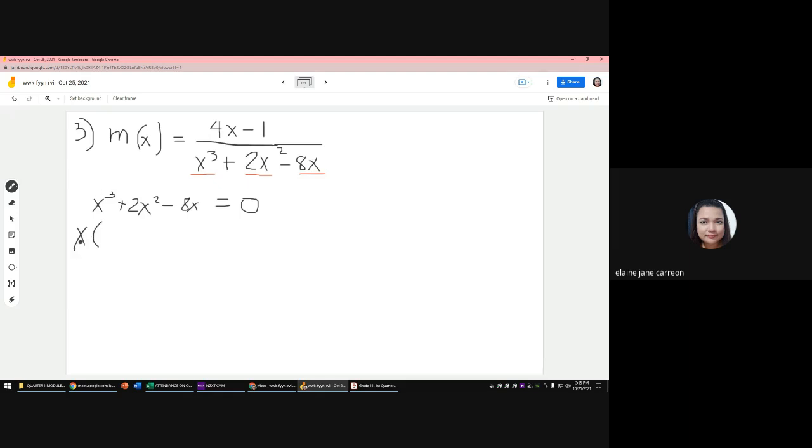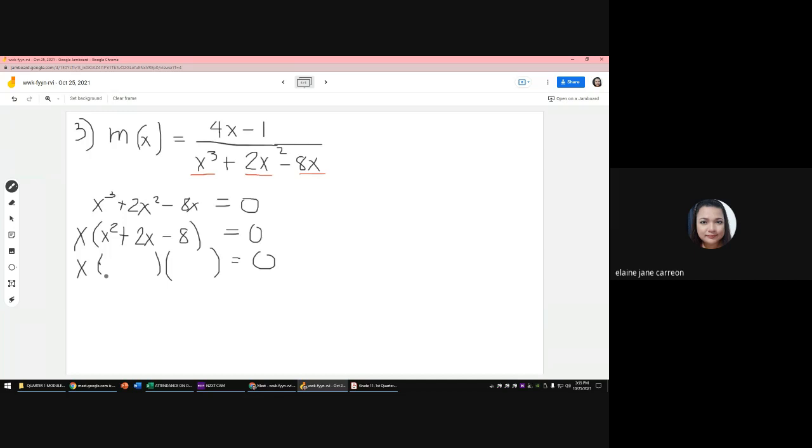X cubed divided by x, we will have x squared, plus 2x squared divided by x is 2x. Next, 8x divided by x is negative 8, equals 0. So we now have two factors. Next, let's factor the trinomial.